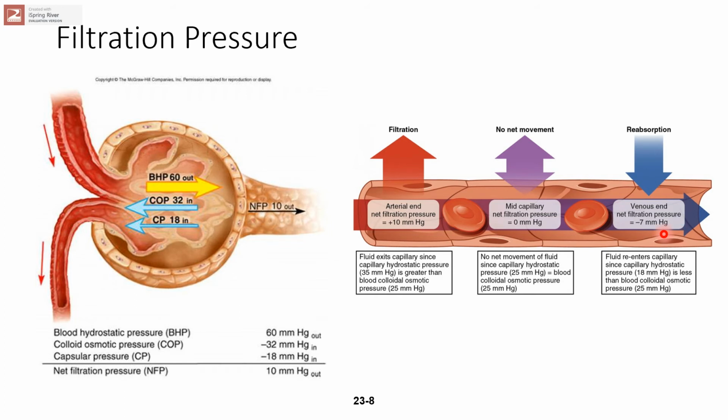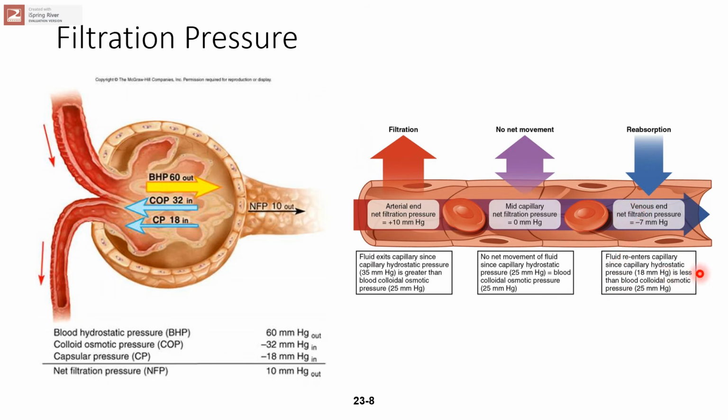And then you have the venous end. Okay, now arteries follow veins, so wherever you find arteries, you will find veins. So these capillaries also have a venous end, and at the venous end, the net filtration pressure is negative 7 mm of mercury, because in the venous end is where you find a lot of reabsorption taking place into the blood.